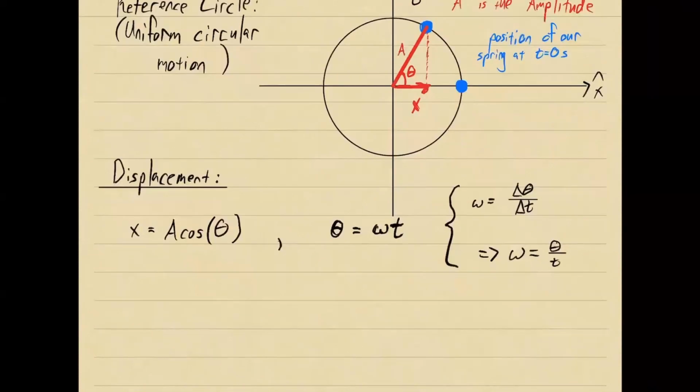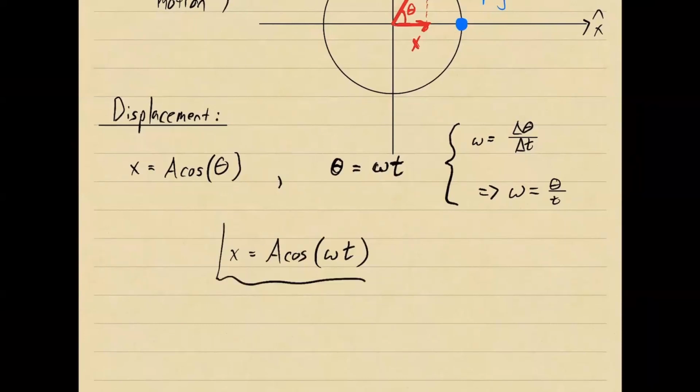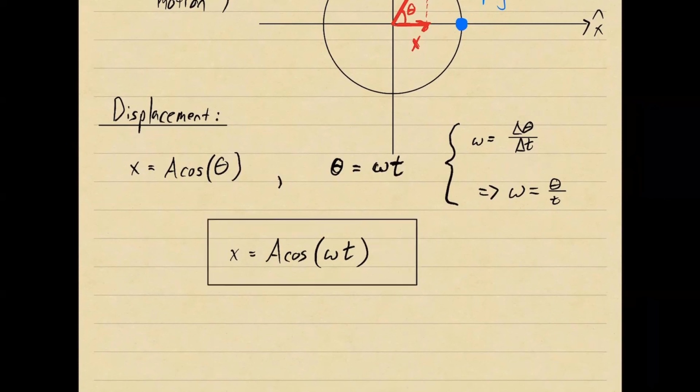All right. So taking this and plugging it in here, we get that our displacement x is given by the amplitude times cosine of our angular frequency omega times time. This is our first main result from this section.